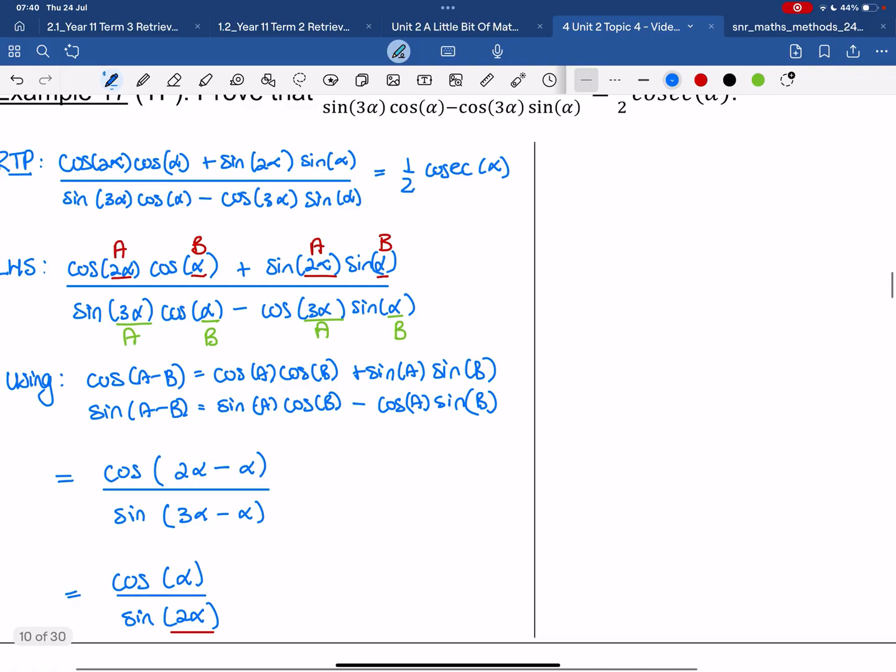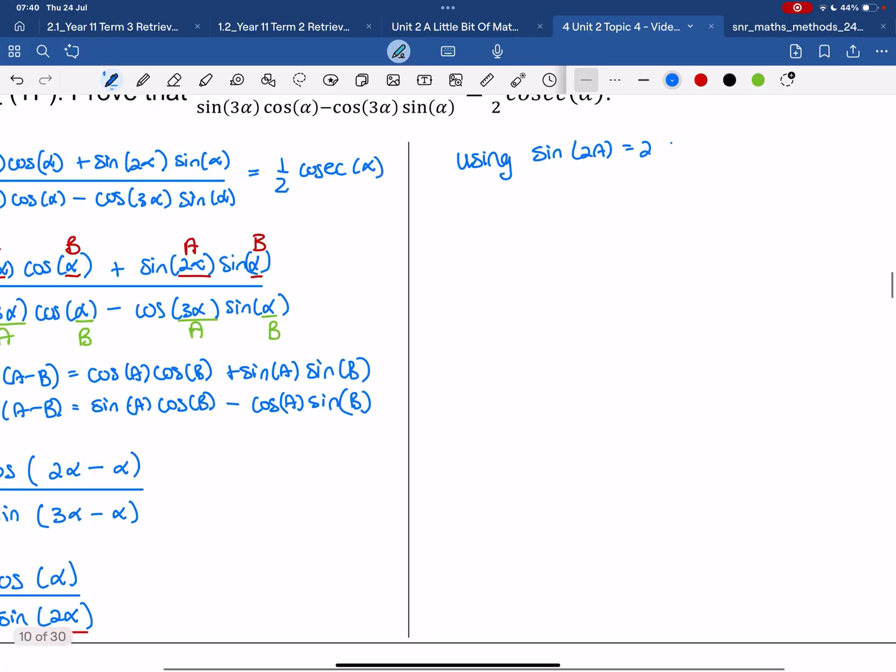So I'm going to say now, using sine of 2A equals 2 sine of A cos of A. So that means I have got cos of alpha over 2 sine of alpha cos of alpha.